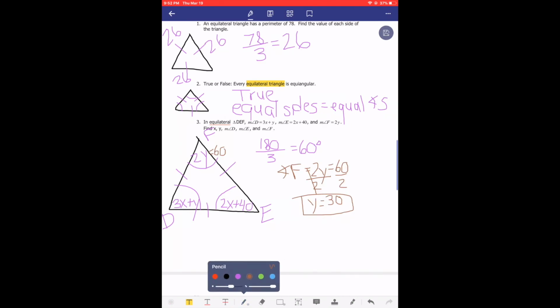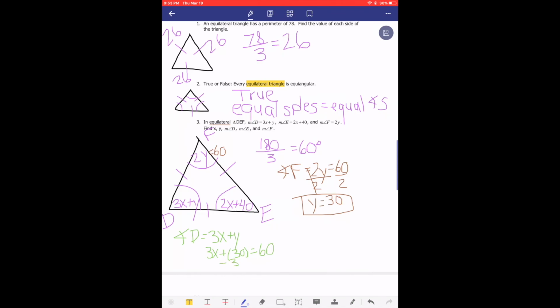So to find x, I'm going to take angle D, and angle D is 3x plus y. But now I know y is 30, so I'd replace the y with 30, and we know again this angle equals 60 because each of these angles equals 60.